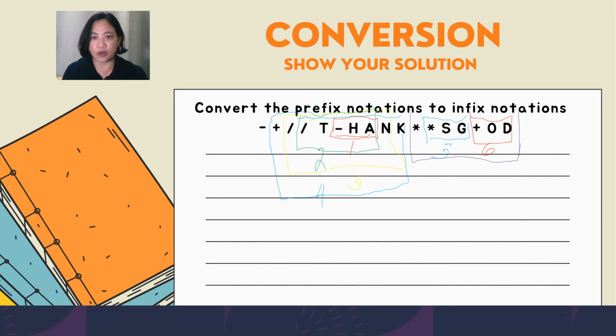So that will be our seventh expression. And then next, our eighth is minus number 4 and number 7. Minus is the operator, operand number 4, and operand number 7. So this will be our eighth expression.